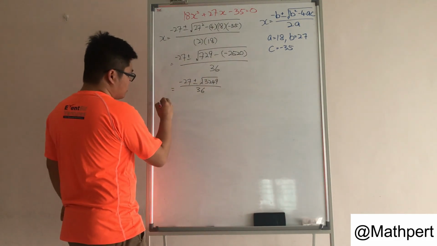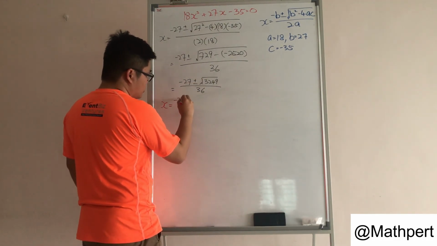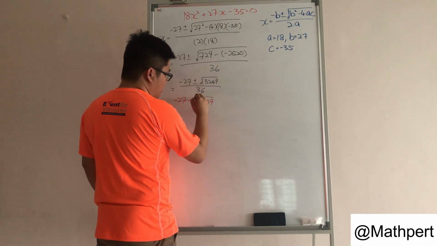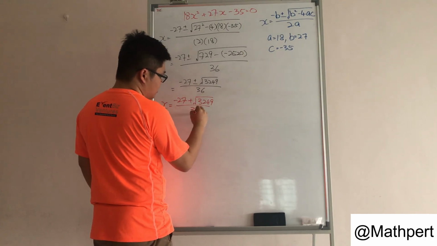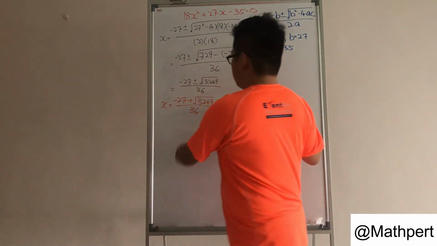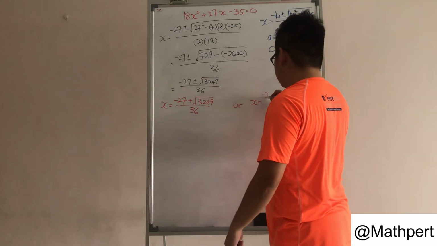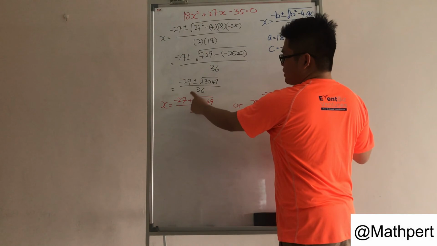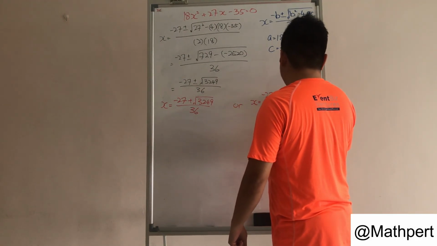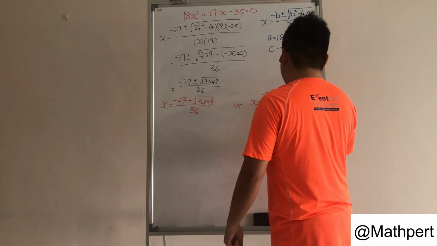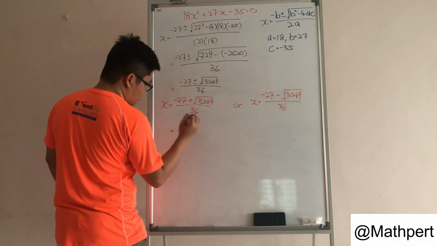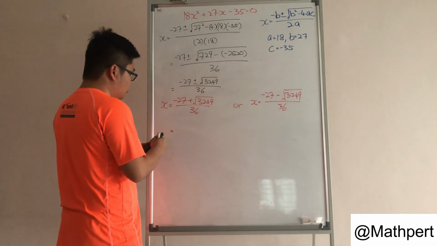The first one is x equals negative 27 plus the square root of 3249 divided by 36, or x equals negative 27 minus the square root of 3249 over 36. Okay, use a calculator to calculate.